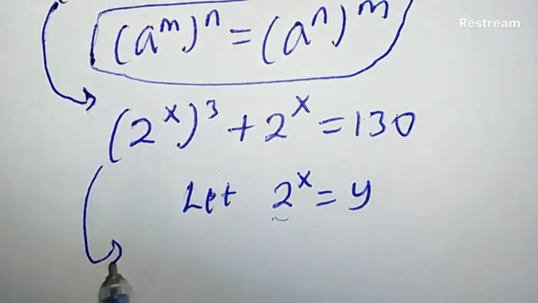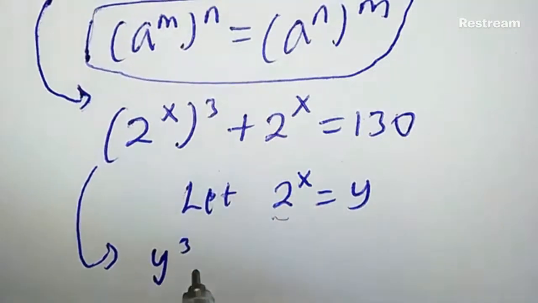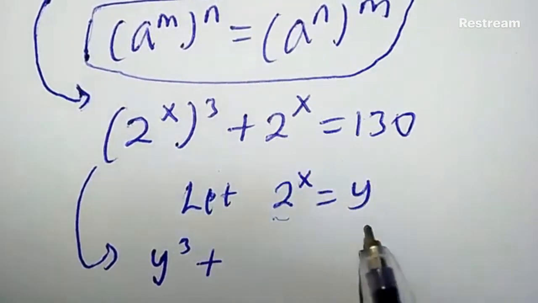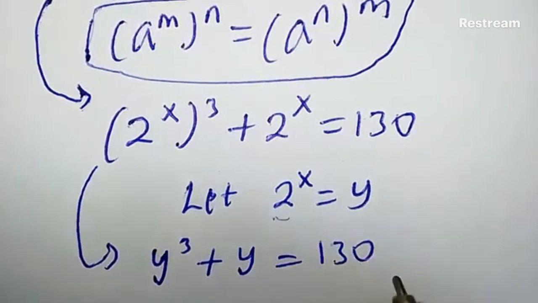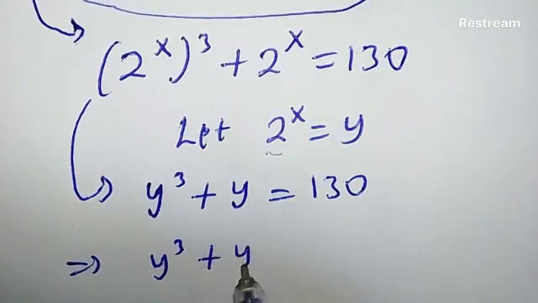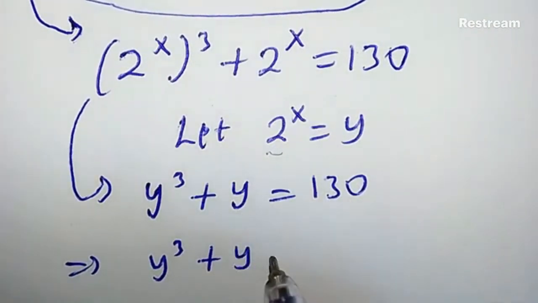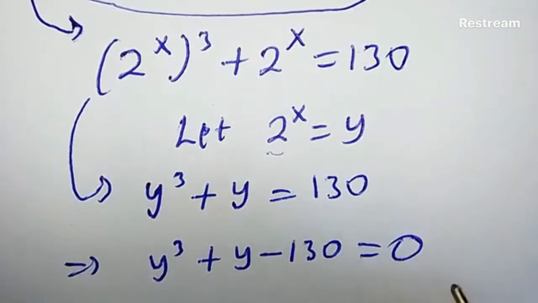So from here, we're going to have y to the power of 3 plus y equals 130. This implies that y cubed plus y, when 130 comes to the left, it becomes minus 130 equals 0.